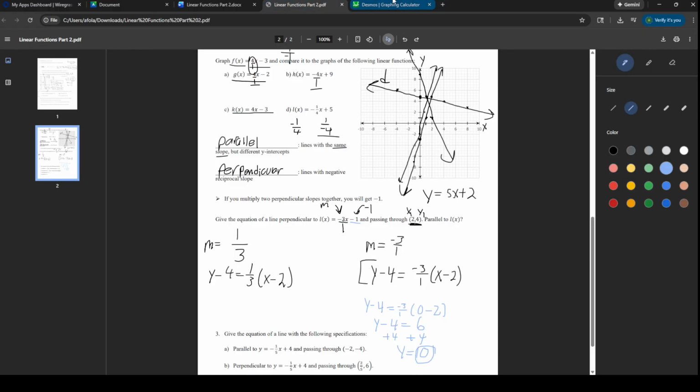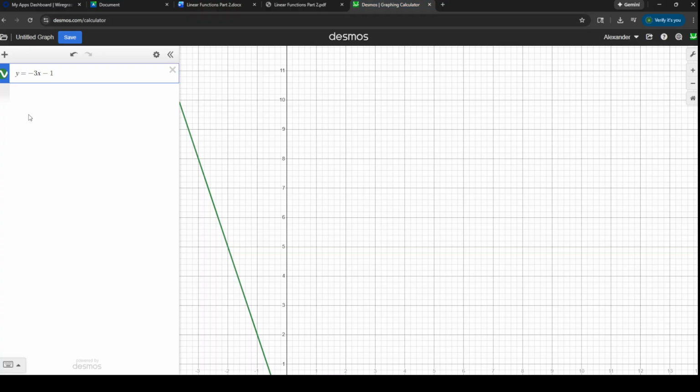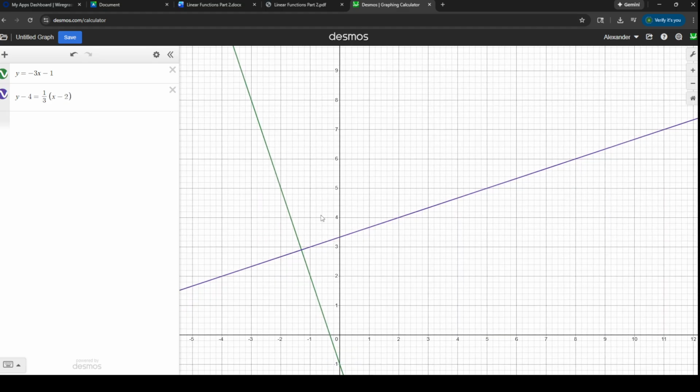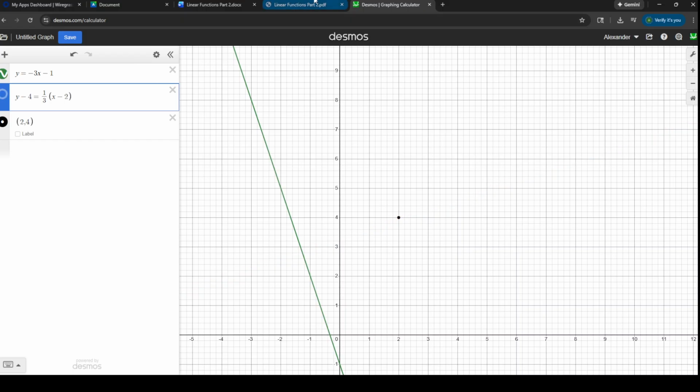And then we're going to plot y minus 4 equals 1/3 times x minus 2. All right, then we've got two lines that are perpendicular. And this second line, if we plot the point 2, 4, goes right through that point. So that's the perpendicular line.